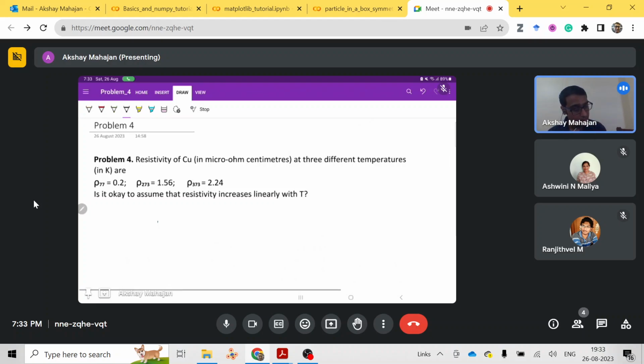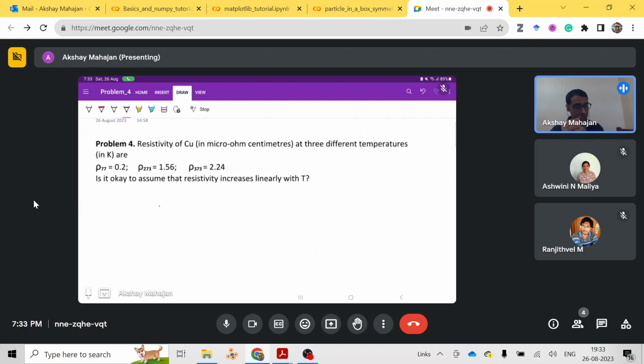Now, looking at this data, can we assume that the resistivity increases linearly with temperature or not? That is our problem. How are we going to check it?